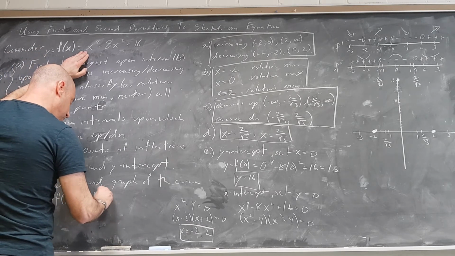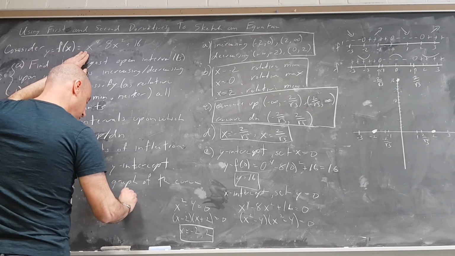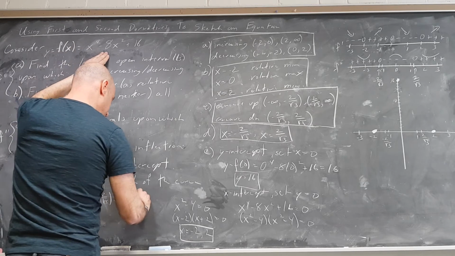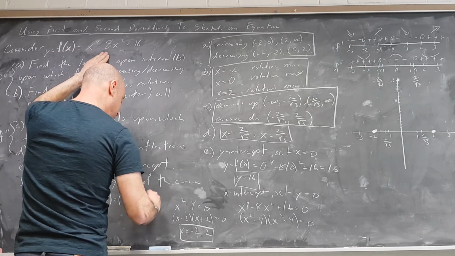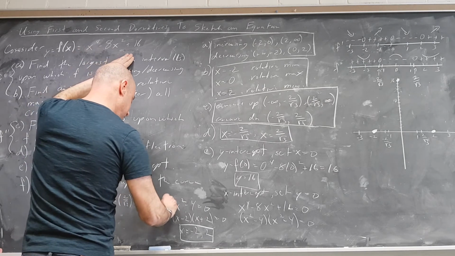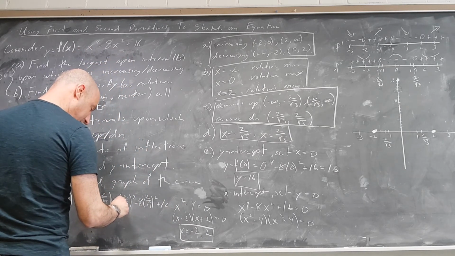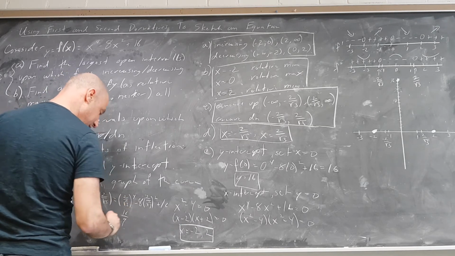F of 2 over root 3 is (2 over root 3) to the 4th power minus 8 times (2 over root 3) squared plus 16. So let's see, this is going to be 16 over 9.